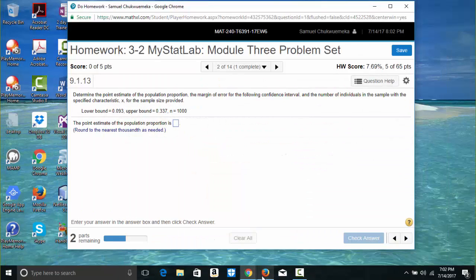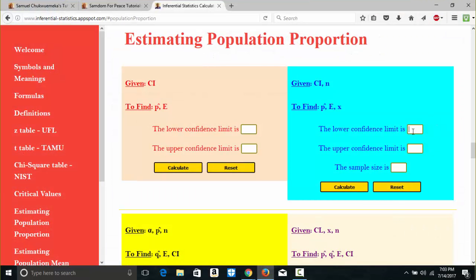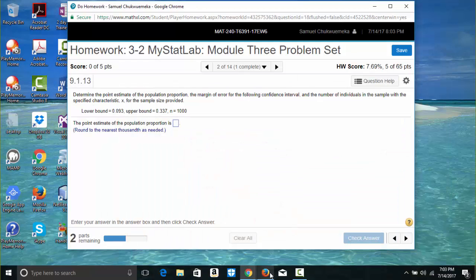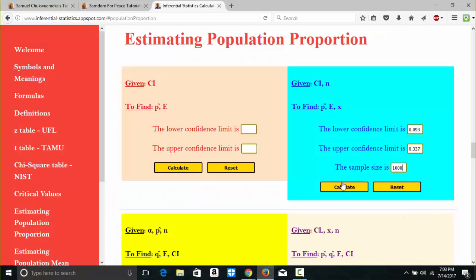So the lower is 0.093, upper is 0.337, and the sample size is 1000. So I come here, 0.093, 0.337, and sample size is 1000. Make sure it is correct, verify it again, and you click calculate.